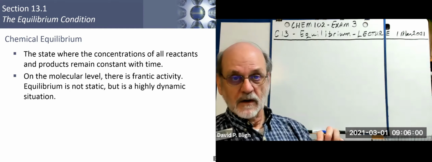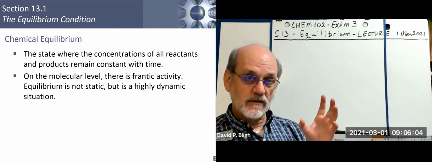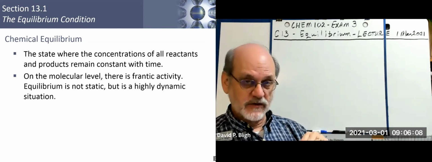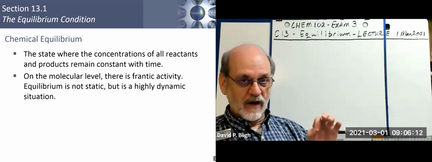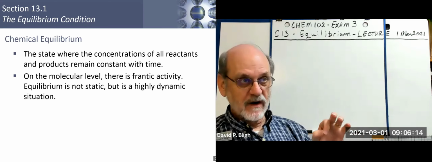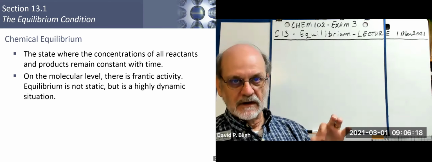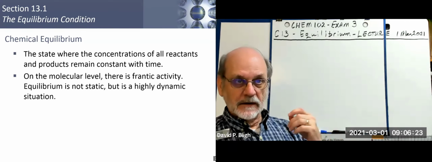In other words, once you reach equilibrium, the concentration of reactants is stable. The concentration of products is stable. But on the molecular level, there is frantic activity. And that's where chemical kinetics comes in.